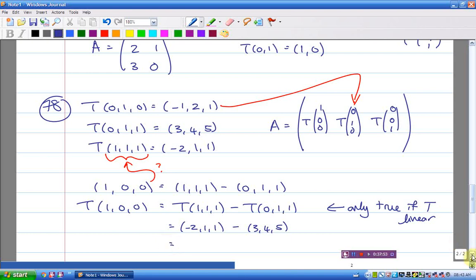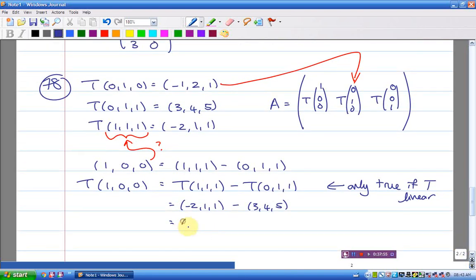Yes? I'm sort of lost. Why aren't we taking T in terms of x and a certain vector? I want to know what T of (1, 0, 0) is, because if I know what it is, it'll give me the first column of A. And I don't know what it is, but I can figure it out from the information I've been given.